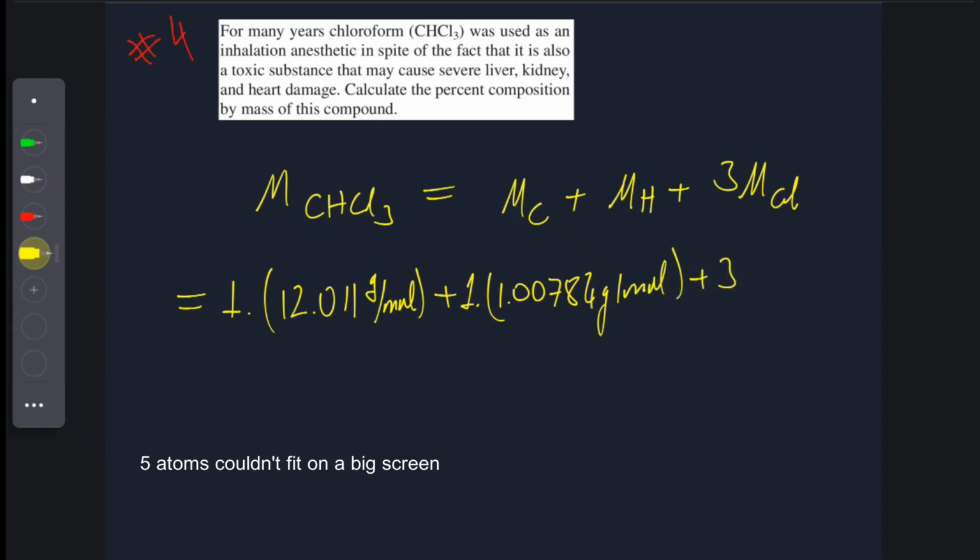And we have 3 chlorine atoms, and the molar mass of chlorine is 35.453 gram per mole.